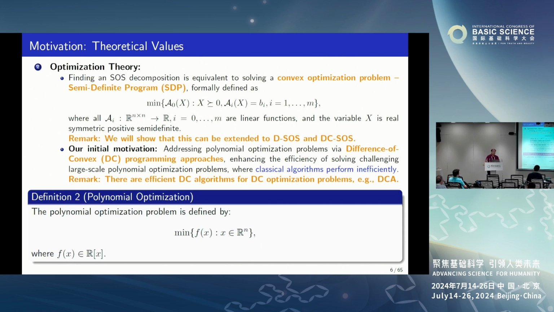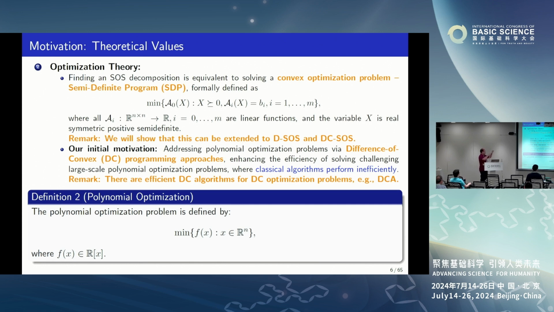The second is the question about our initial motivation when we started this problem, because it will establish the bridge between polynomial decomposition and polynomial optimization, with a branch of optimization we call difference-of-convex optimization. Once we rewrite the polynomial as a difference of convex polynomials, it is what we call a DC function.